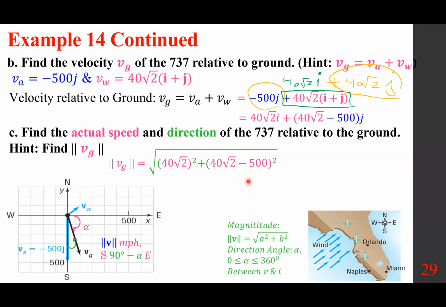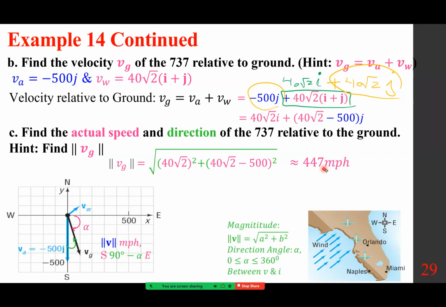When you do the math using a calculator, you end up with 447 miles per hour. In reality, the speed of the plane is 500 miles per hour going south. Because of the wind, it's going in a different direction with a different speed. The speed is actually 447 relative to the ground.